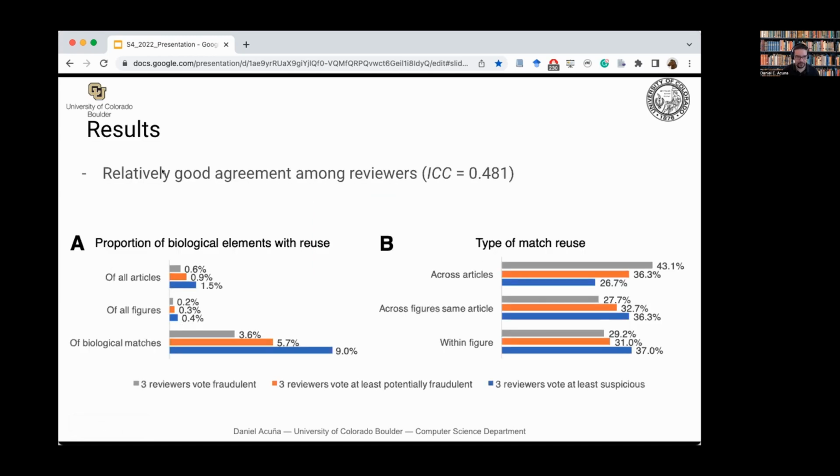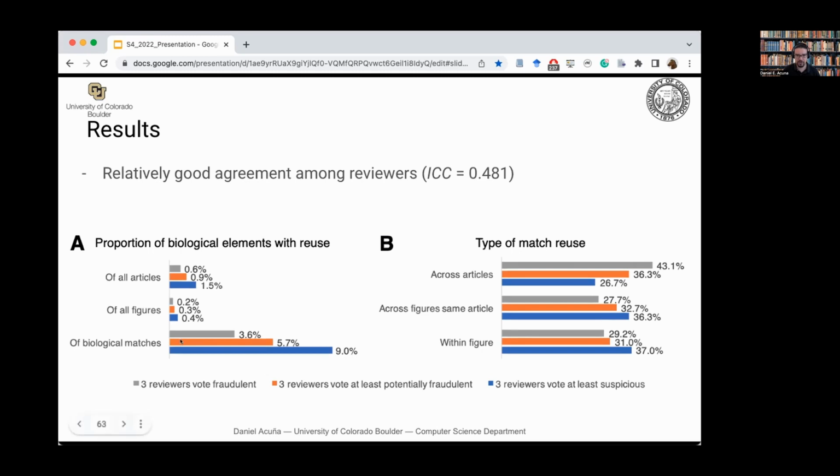And we found the human annotators had a relatively decent agreement on the things that they found. The take-home message is that the manipulation is relatively small. If you have 3 reviewers, about 0.5% of all the papers have problems. So it's not a huge number.